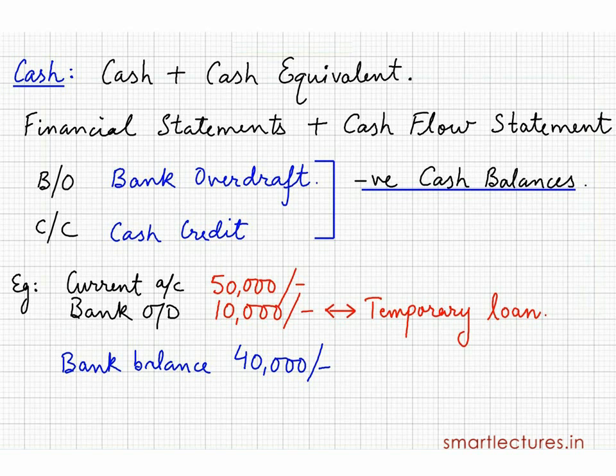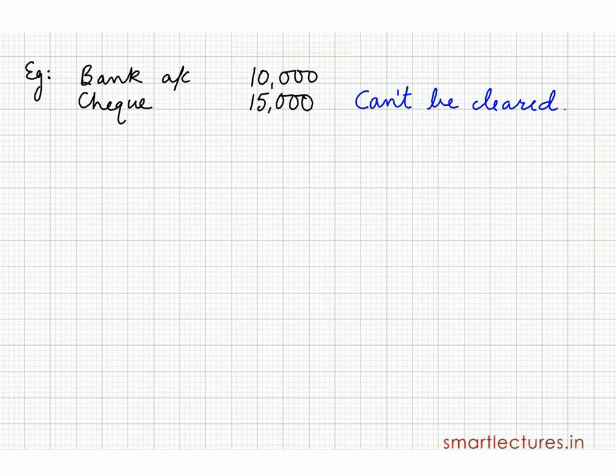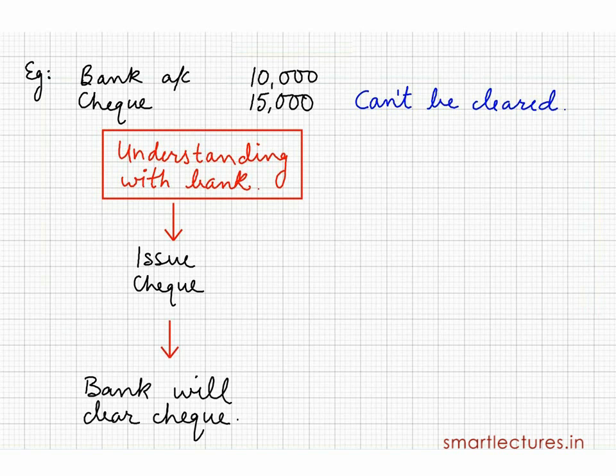I try to explain this bank overdraft with the help of one example. Suppose you have got 10,000 rupees in your account, and today you want to issue a check of rupees 15,000 to someone. You know that if you give the check of rupees 15,000 to the party, this check cannot be cleared because you don't have sufficient balance in your account. If you have got some understanding with the bank, you can issue the checks and the bank will clear the check.